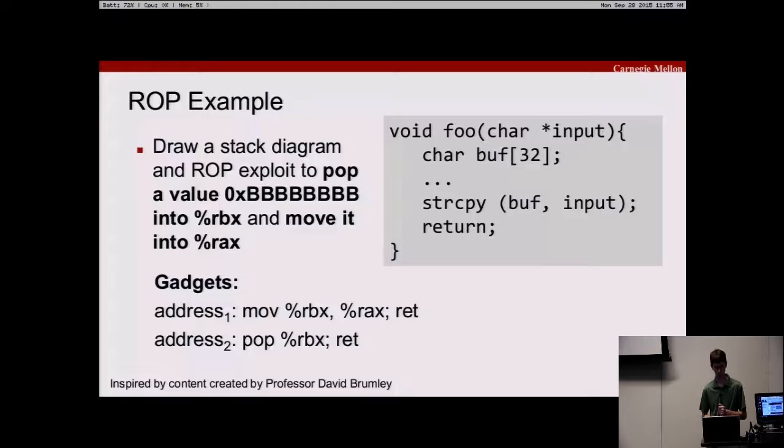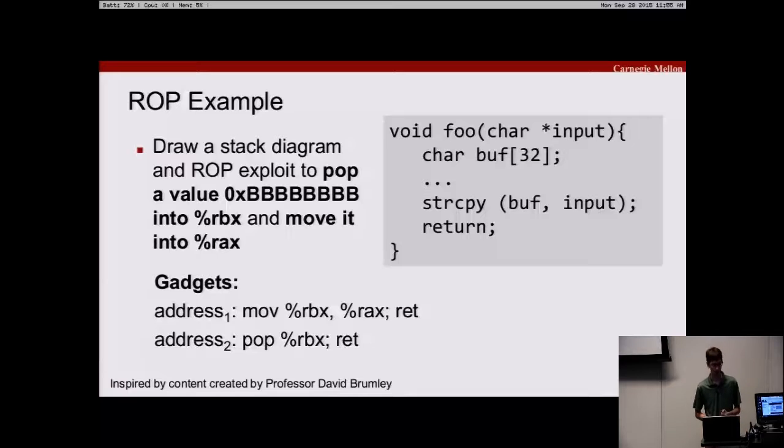So here we want to do an example. We've found 2 gadgets in the code, and we're going to show you how to find these gadgets in just a moment. Say one gadget is a move RBX into RAX and then return gadget, and the other gadget is a pop RBX and return gadget.